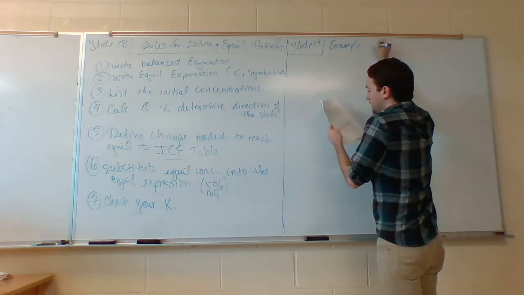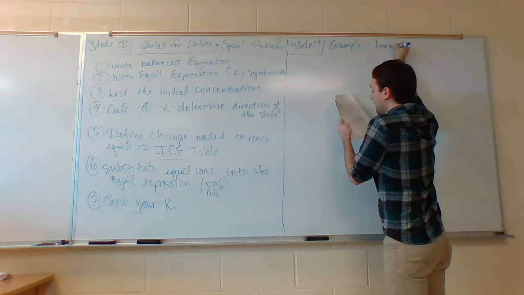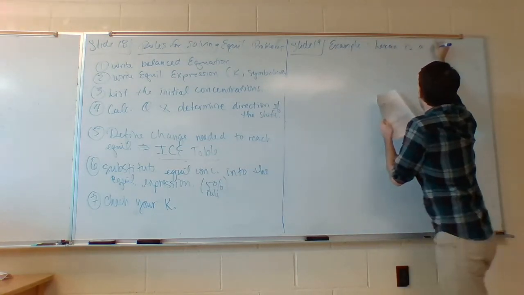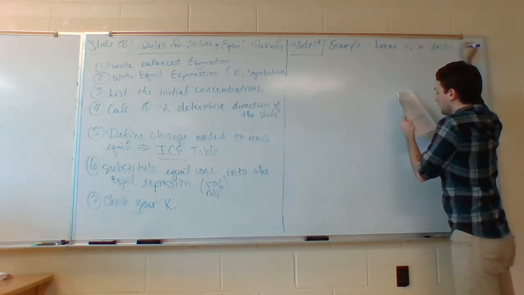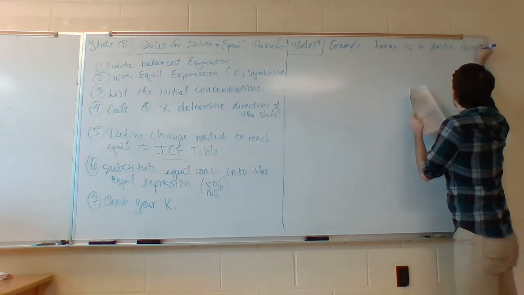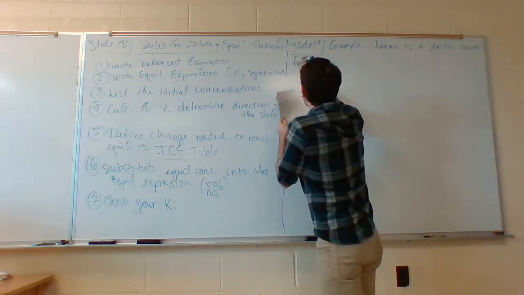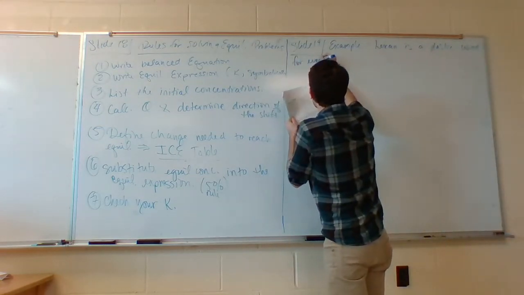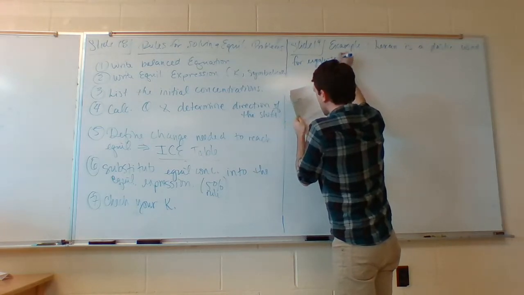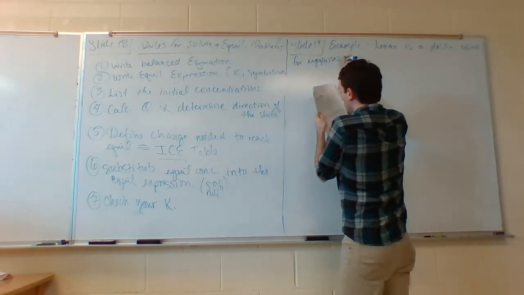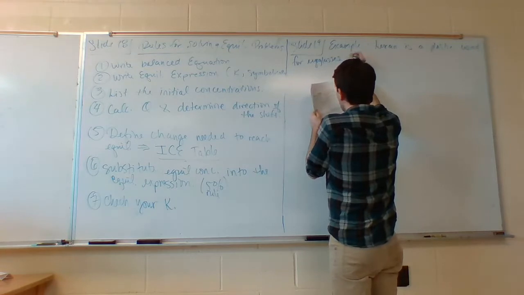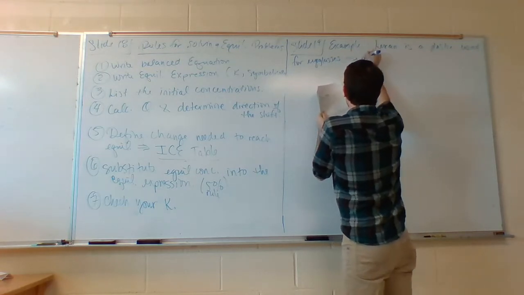In the example, it says that Lexan is a plastic used for eyeglasses, okay? And it contains phosgene.